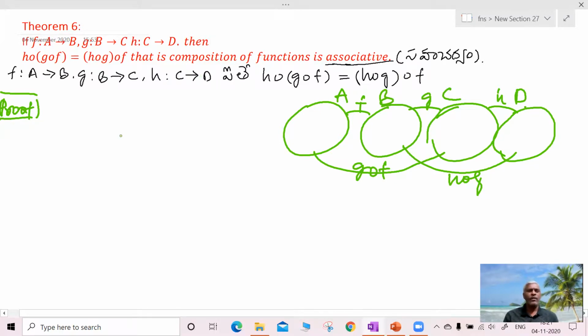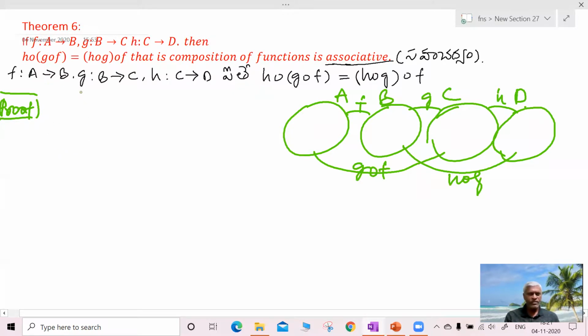Here two functions are equal. The same concept: we have to prove the domains are equal and the range. We have to prove that they are defined on the same domain.